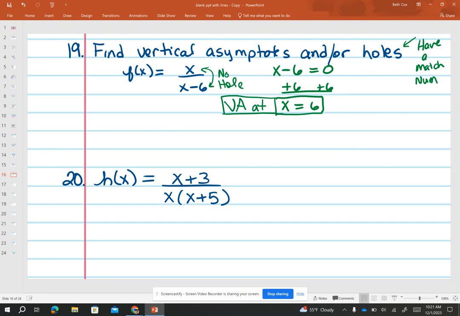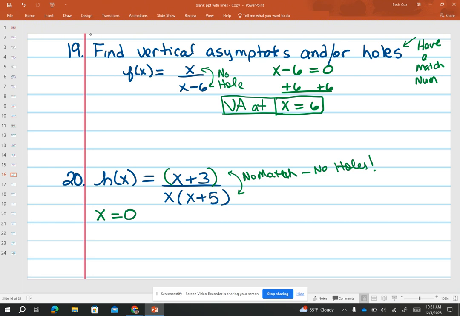All right? Let's look at number 20. Do we have a match in the numerator? No. No matching. No match, so no holes. Okay, so we're going to take each factor and set them equal to 0.